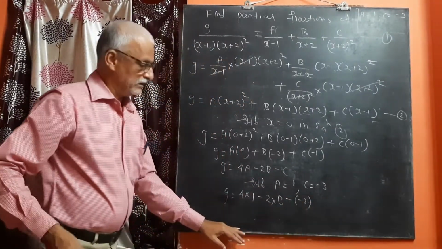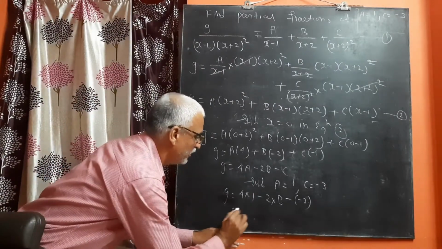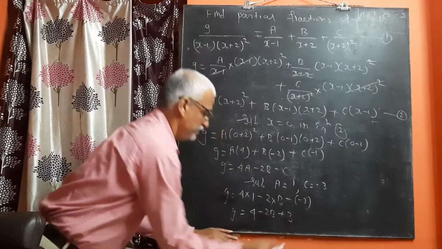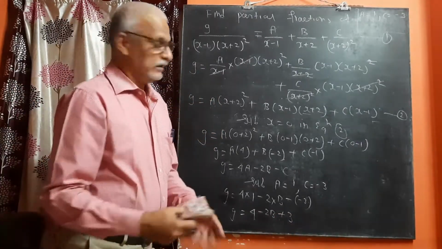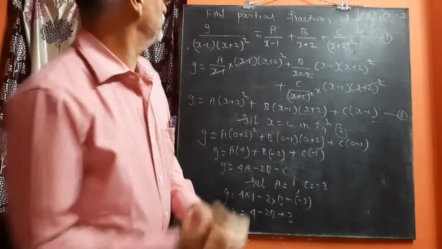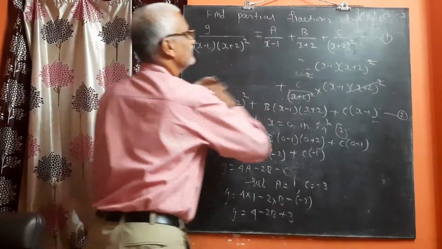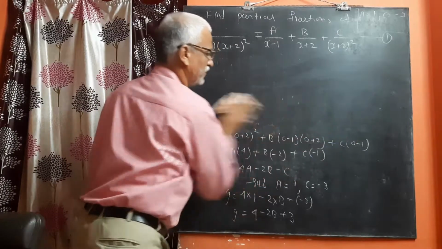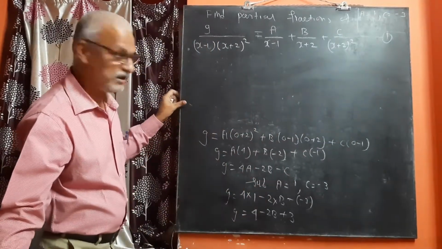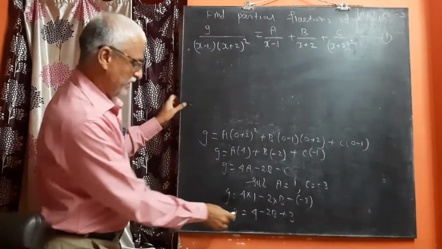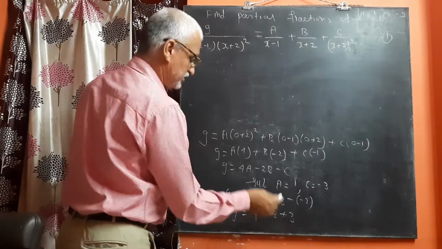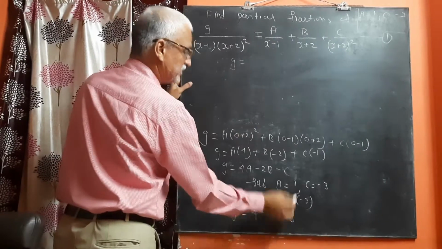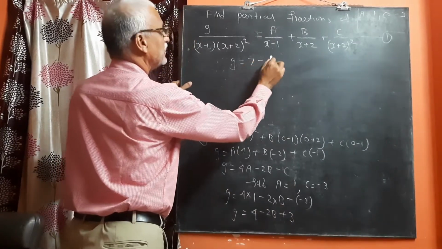Now this will be 9 is equal to 4 minus 2b plus 3, that means 9 is equal to 4 plus 3, 7, minus 2b.